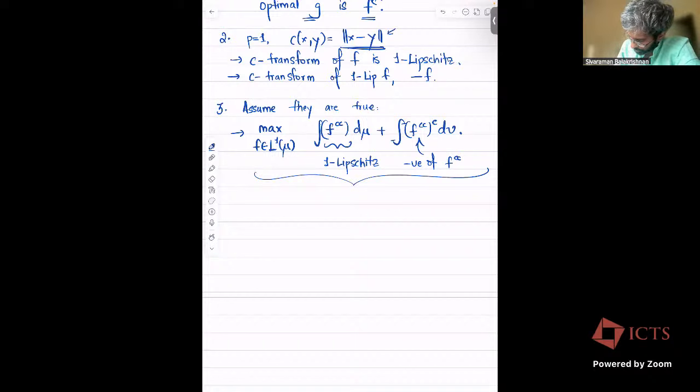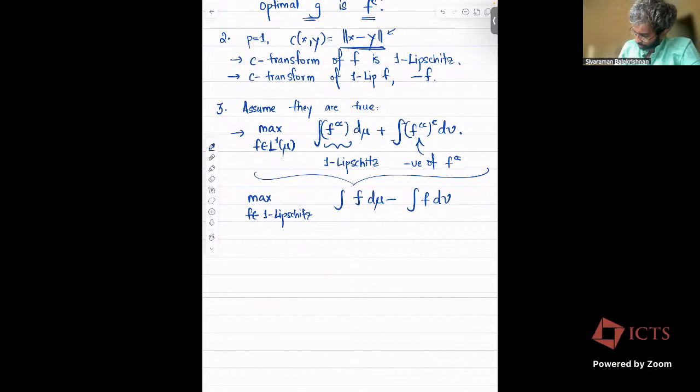When the cost is this, we can equivalently think of the dual as just saying maximize over f, which are 1 Lipschitz, the integral of f d mu minus the integral of f d nu.